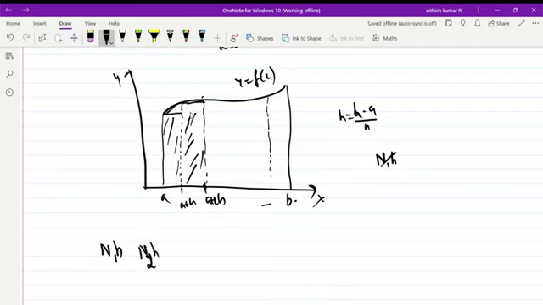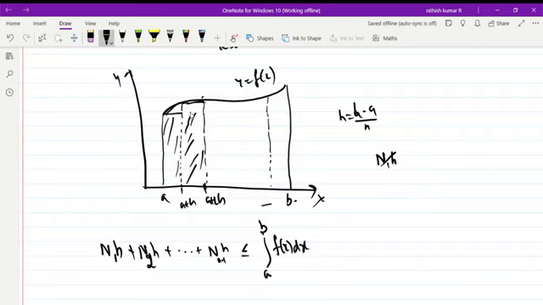Similarly, find for all, and you will get m1, m2, and so on up to m n minus 1, times h. Now this is the area of the rectangles under this curve, and it is always less than or equal to the area under the curve, that is nothing but the integration from a to b of f of x dx.